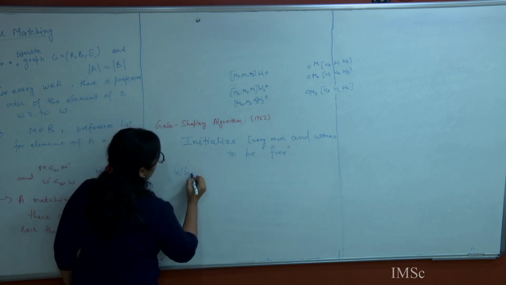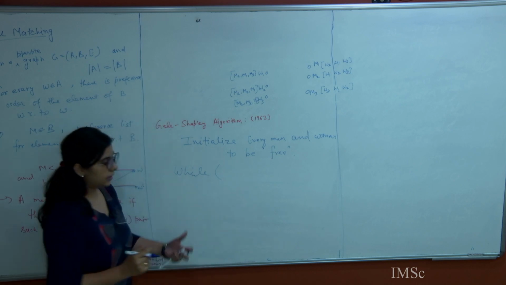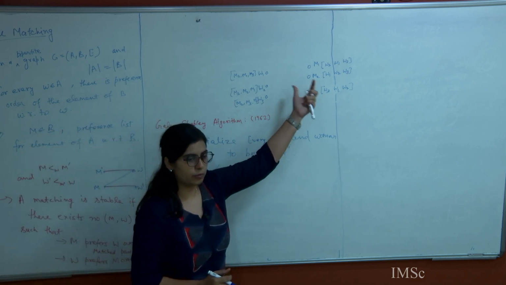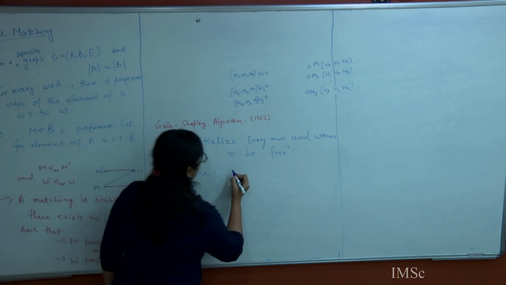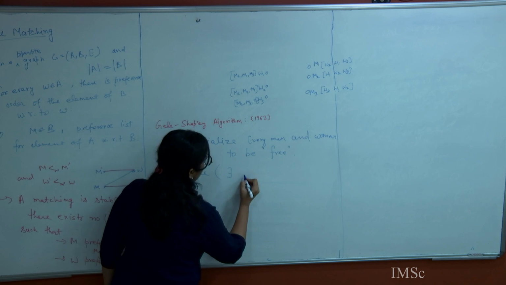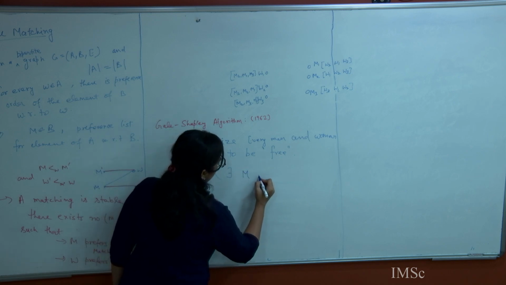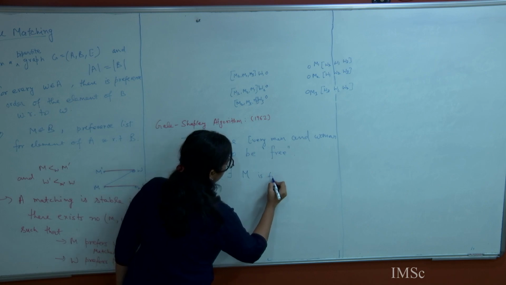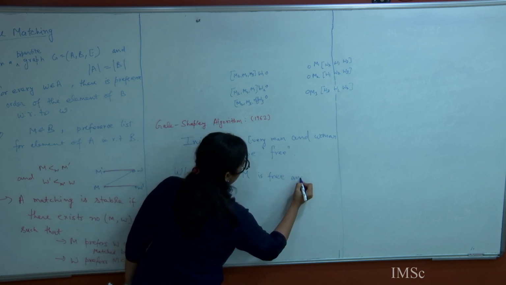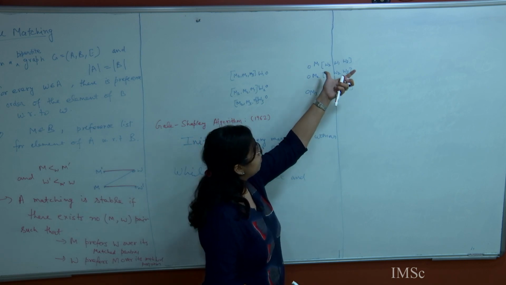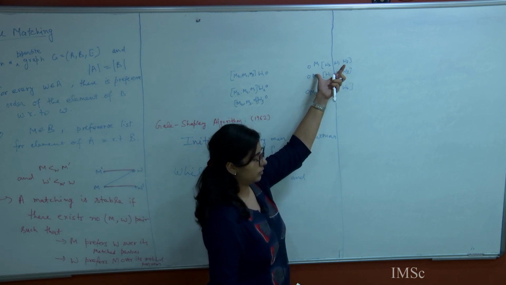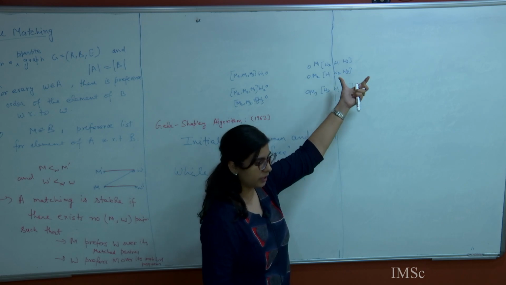Now, what this algorithm does, it looks at some man who is unmarried, who is free. So while there exists some M which is free, for every M you have a preference list over the women.